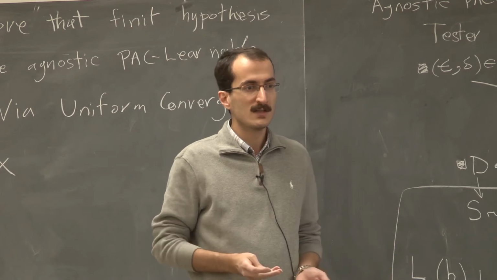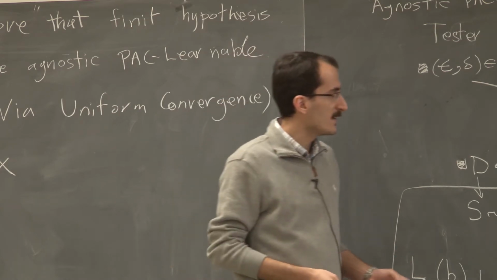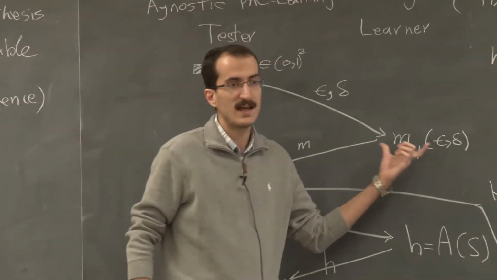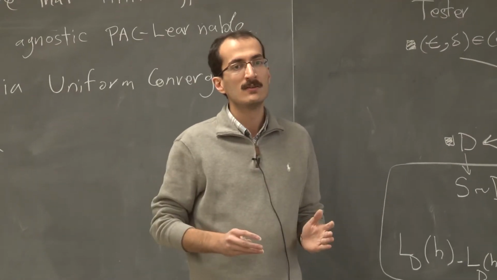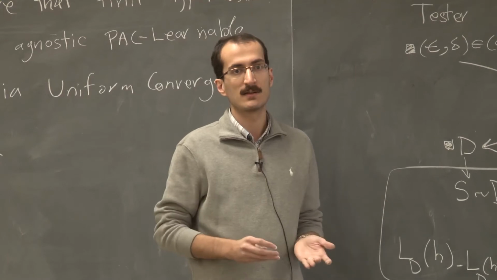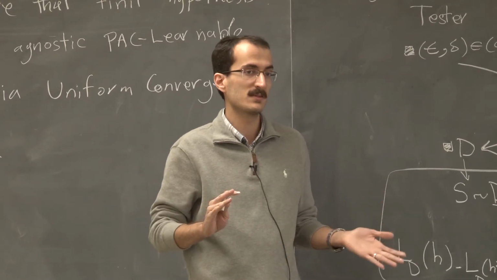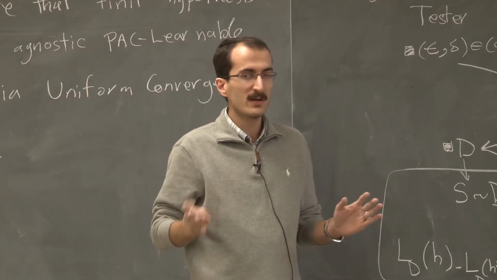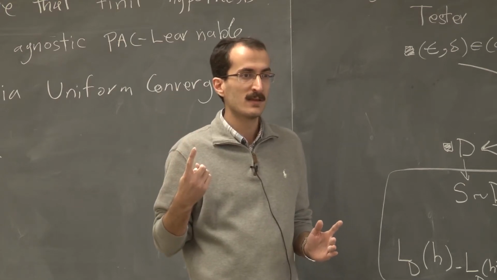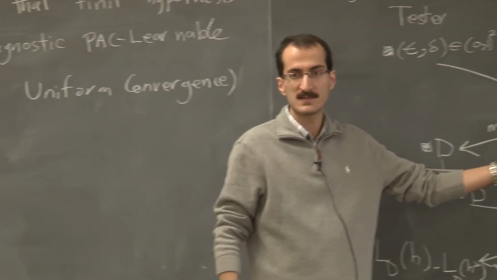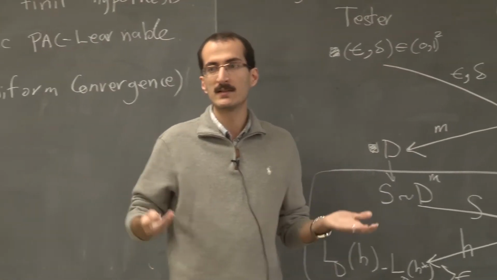For lower bounds, you want to prove that the number of samples you need is at least this. So you want to show that for all algorithms, no one can beat this sample complexity. That's a little bit hard, maybe. For an upper bound, you just need to find one algorithm that has a small sample complexity and can learn successfully.